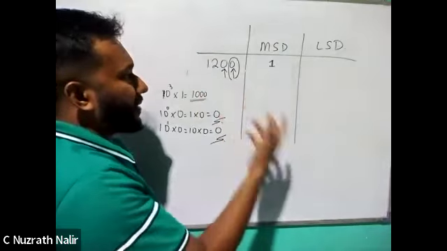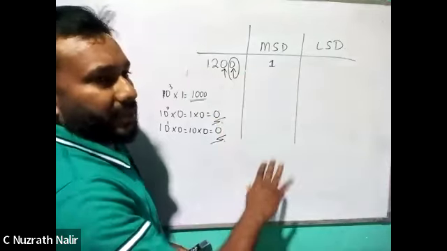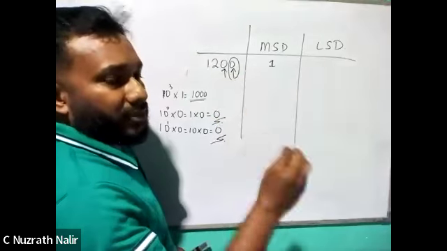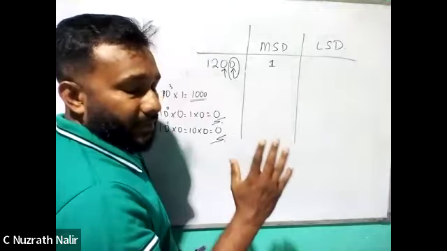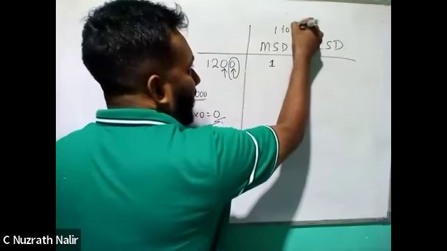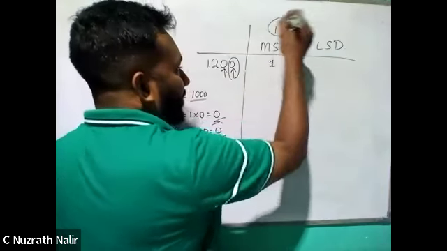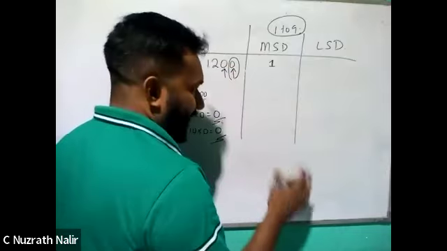Therefore, I cannot take 0 as a least significant or most significant digit, except the natural numbers 1 to 9. Natural numbers mean 1 to 9. Only from these 1 to 9 can you take the MSD or LSD.